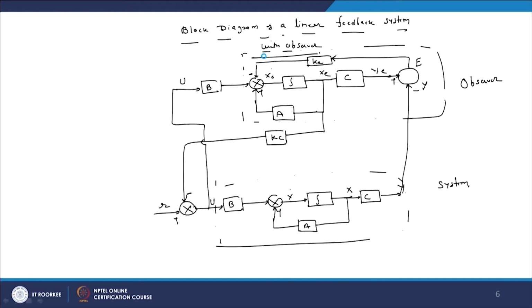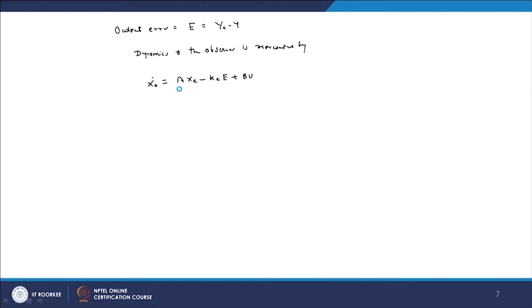So xc dot equal to a into xc minus k into e plus b into u.